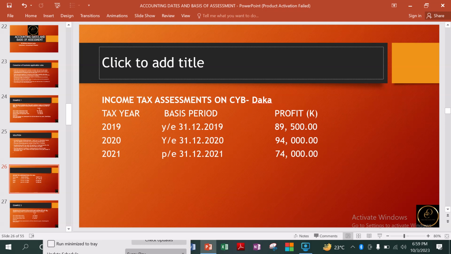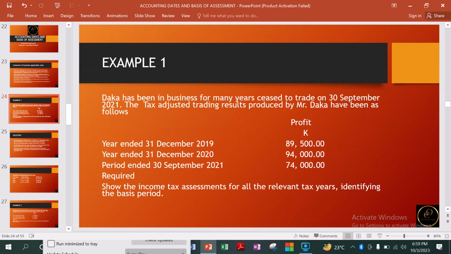Let's look at the example. We have this particular case, year ended 31st December 2019. As long as the accounting date is between 1st April and 31st December, then you use the current year basis. So the first period and the second one will use the current year basis.